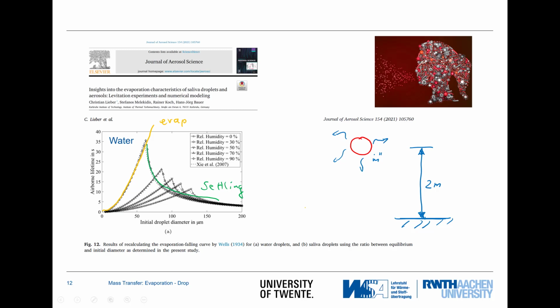And that's also the reason why we have these keep distance rules with COVID, because the larger droplets are assumed within 2 meters distance to hit the ground and be no longer infectious.